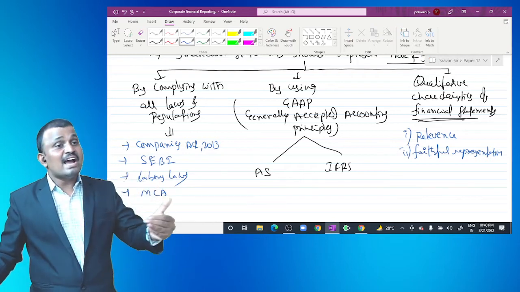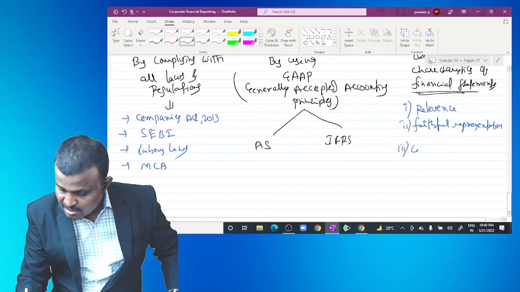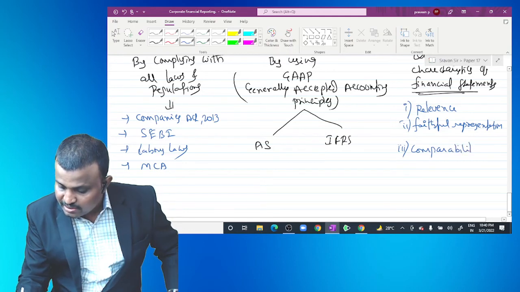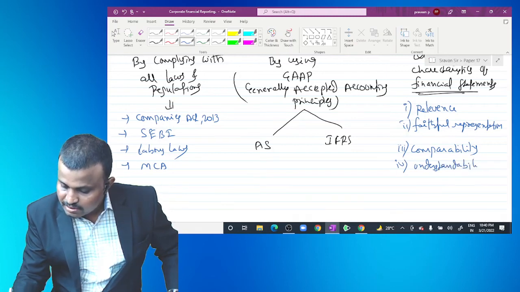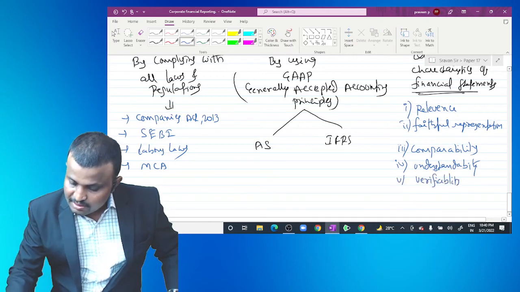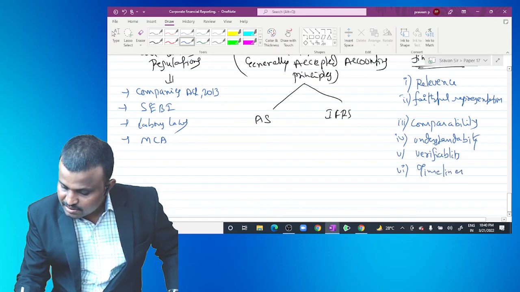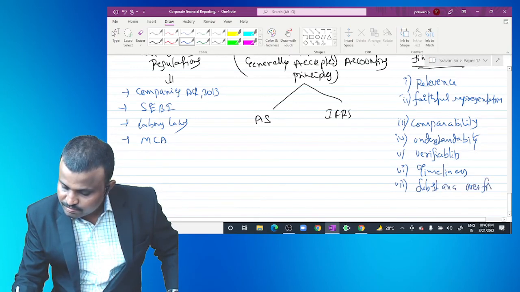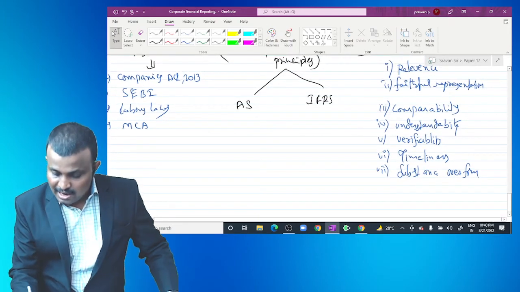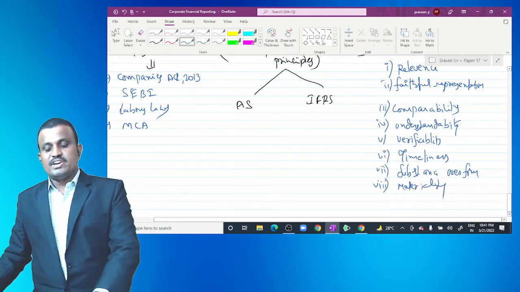And along with that, some enhanced characteristics of the financial statements are there. Those are comparability, understandability, verifiability, timeliness, substance over the form, and materiality.